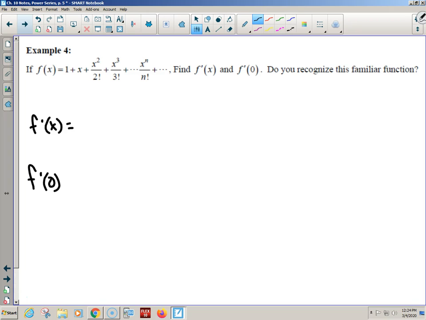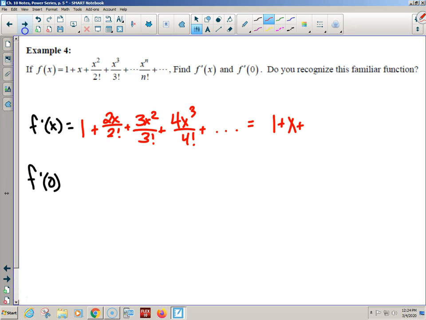What's the derivative of 1? 0. What's the derivative of x? 1. Keep going. 2x over 2 factorial, plus 3x squared over 3 factorial, plus 4x cubed over 4 factorial. They don't tell us the general term, but what happens when you reduce this? It's 1 plus x over 1 factorial, and doesn't the 3 reduce, and you have x squared over 2 factorial? It's the same.